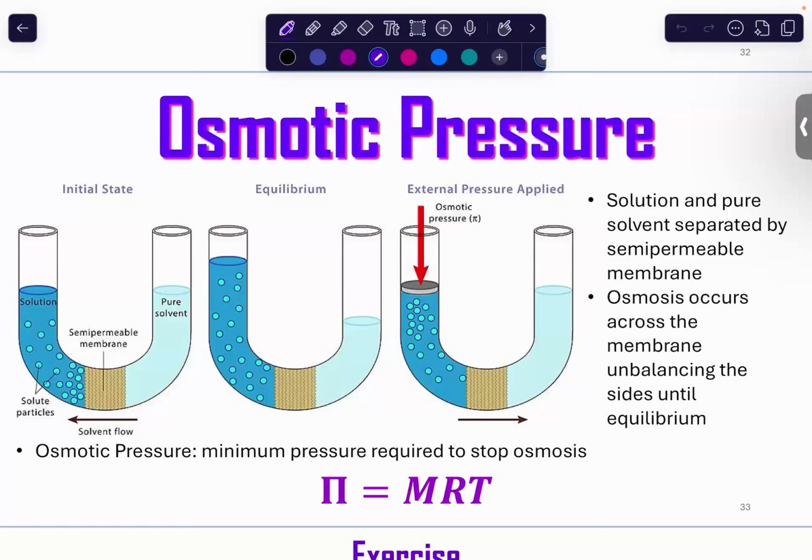And so then your two sides are going to become unbalanced. Your osmotic pressure is the pressure you would need to press on the side that's going up. It's the amount of pressure that stops osmosis from occurring. So what pressure do you need to hold it right where it's at?